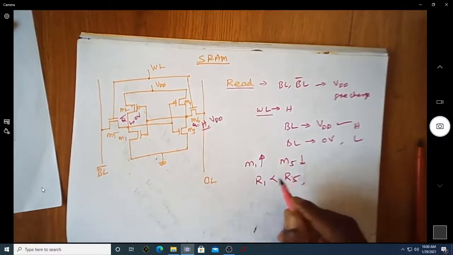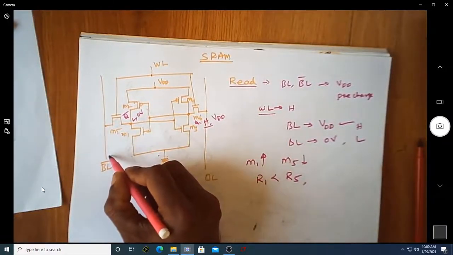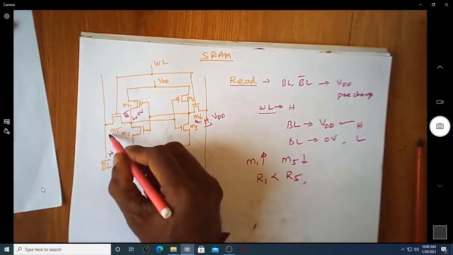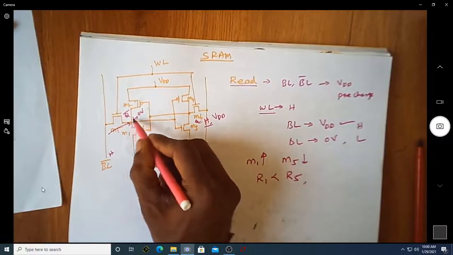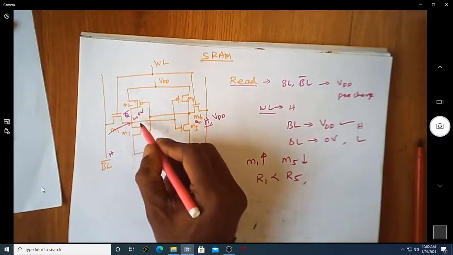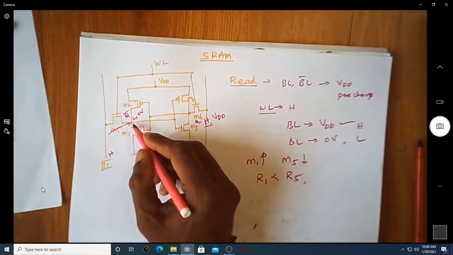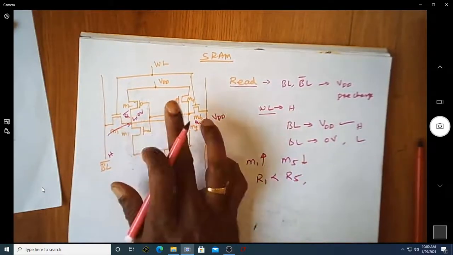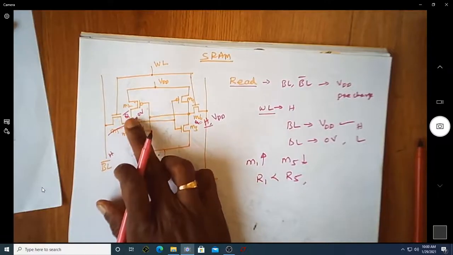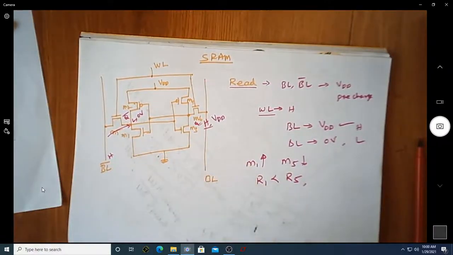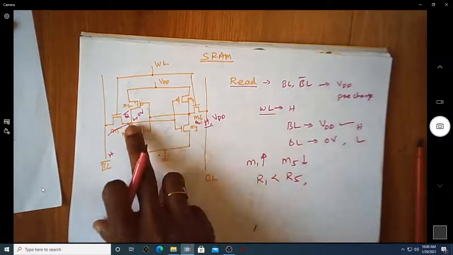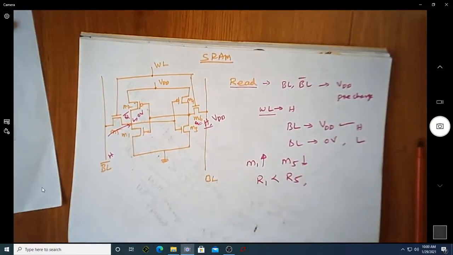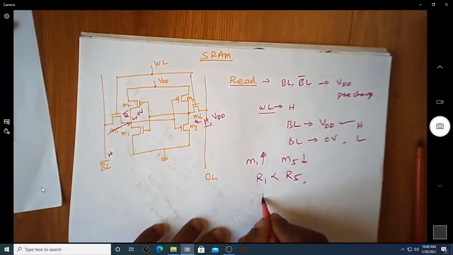The voltage at this point, which is 0 volt, should not go above the threshold voltage of this transistor during the read operation. If that happens, we say it is writing a value of 1 onto the Q bar, which is also called read upset.